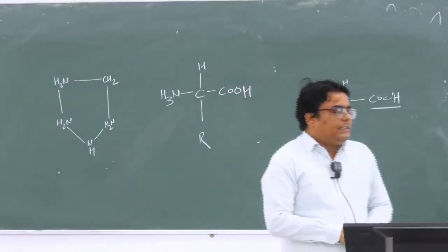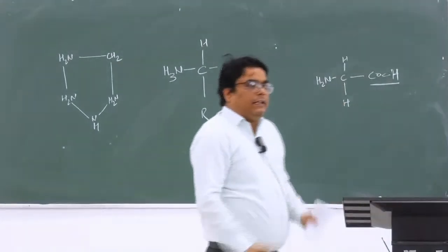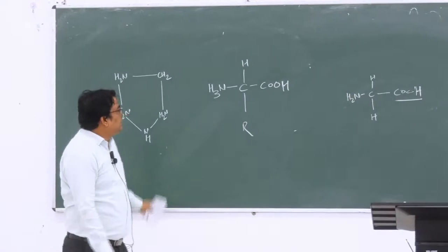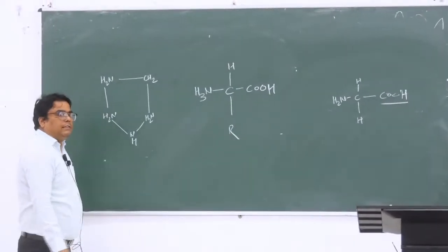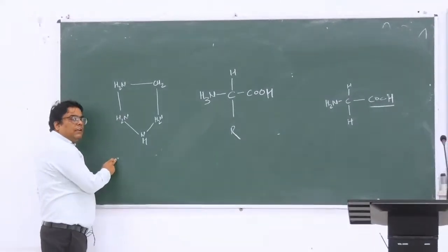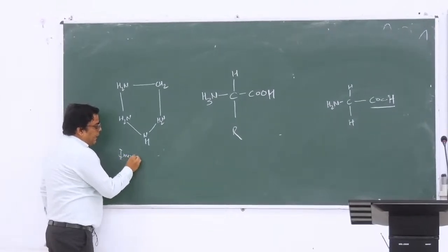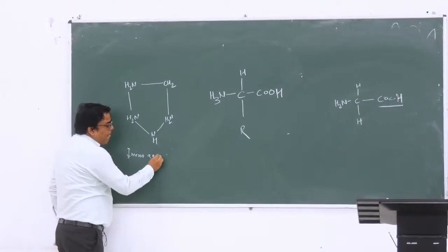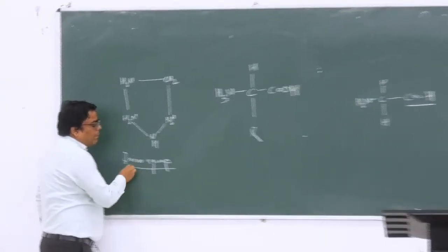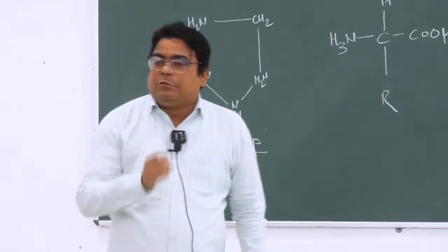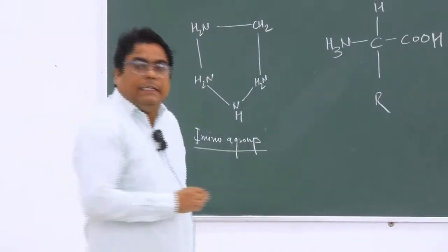Now can you identify the structure? Anybody? Can you identify the structure of this amino acid? Yes, it is an imino group containing amino acid. Which amino acid contains an imino group? Proline. Okay?